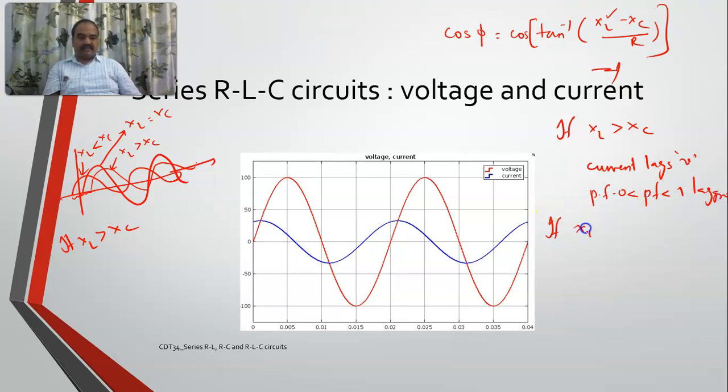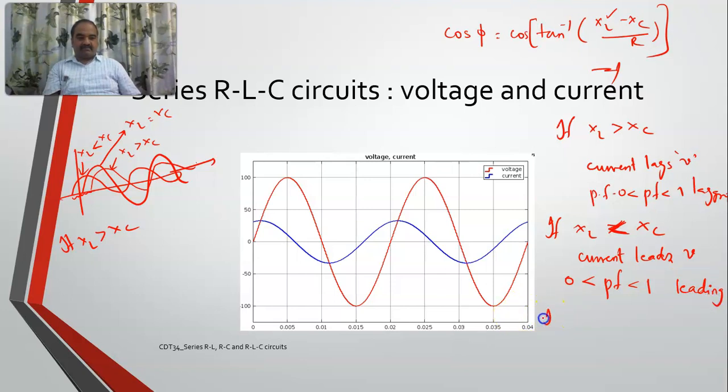If XL is less than XC, then current leads V. So your power factor will be again between 0 to 1, but it will be leading.